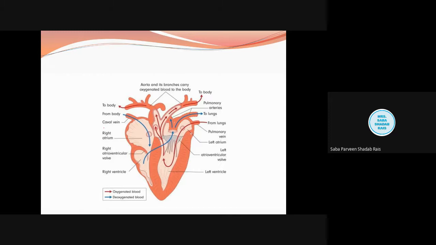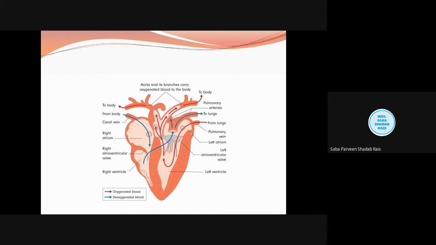Now when we talk about the chambers, of course we start studying from the right atrium only. Inside the right atrium, there are three caval veins: the right precaval vein, the left precaval vein, and the post caval vein. These three veins collect the blood from the body.